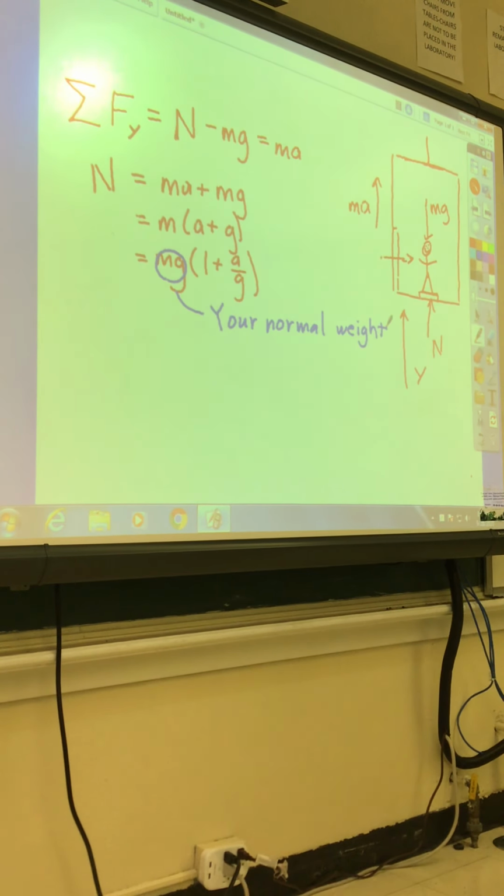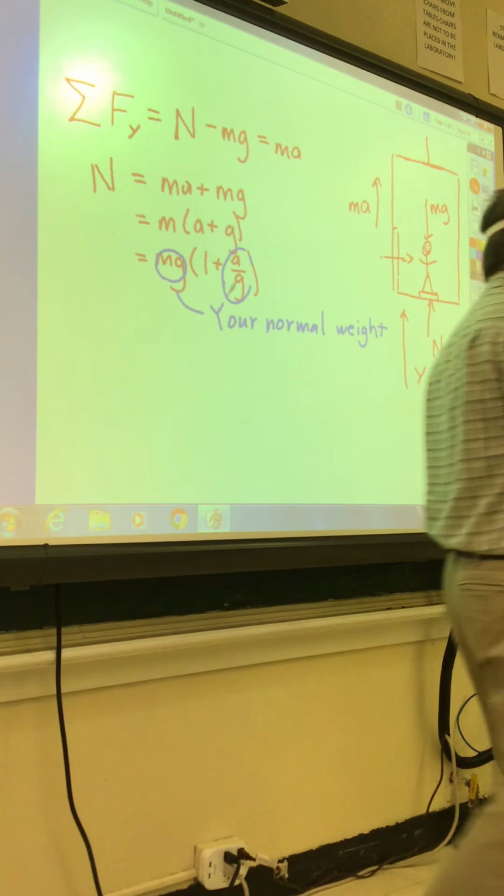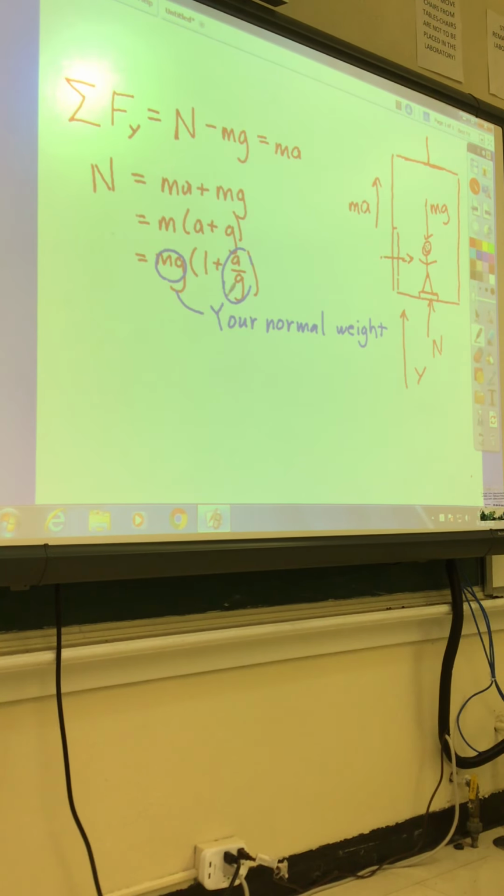That's your weight if you're not accelerating up and down. That's what you weigh. So basically I've got a factor here, a over g, that either makes me heavier or lighter, as the case may be.